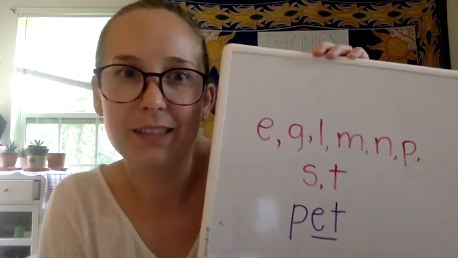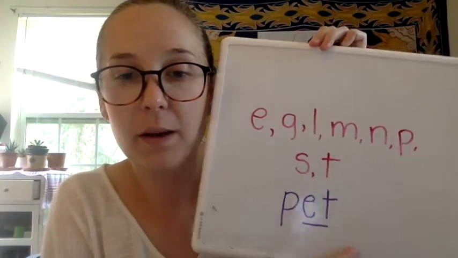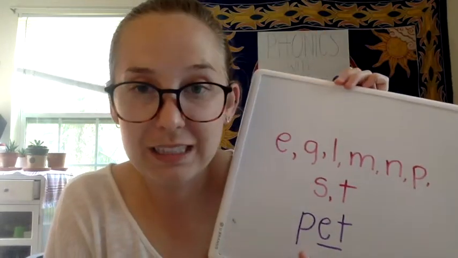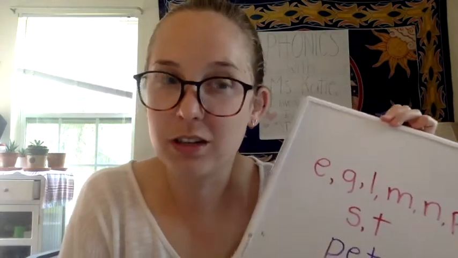And I would pretend that these are my magnetic letters and I would make the word pet because it uses that ET pattern that we just talked about. So all I want you guys to do is just practice building words that end with ET using your magnetic letters. If you have another letter that you want to use to make a word that ends with ET, that's fine. But I want you guys to use the magnetic letters to practice this, okay?